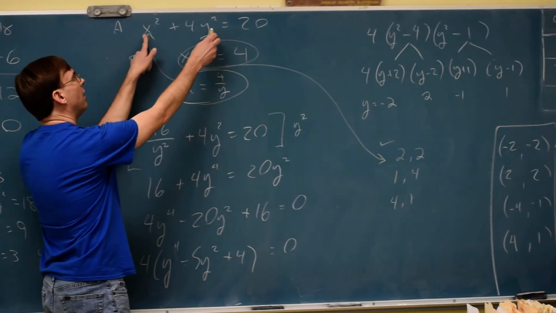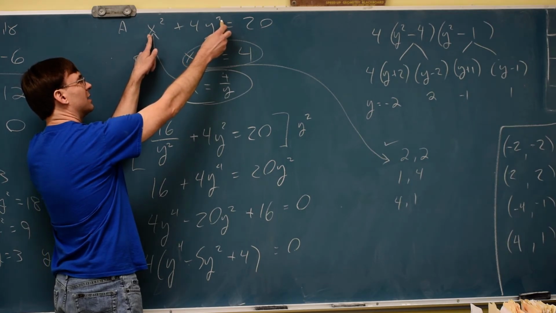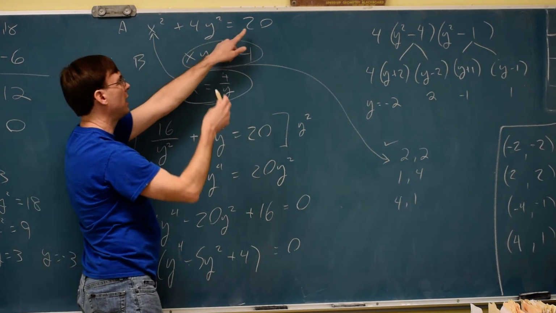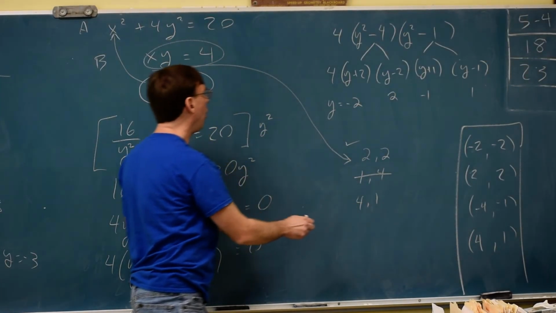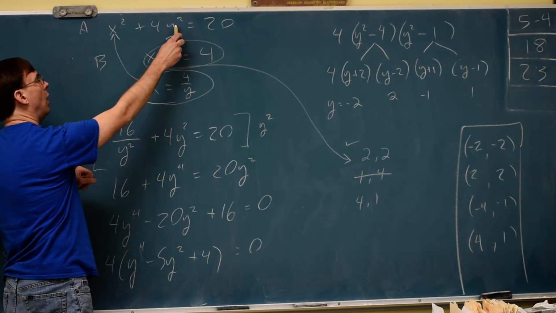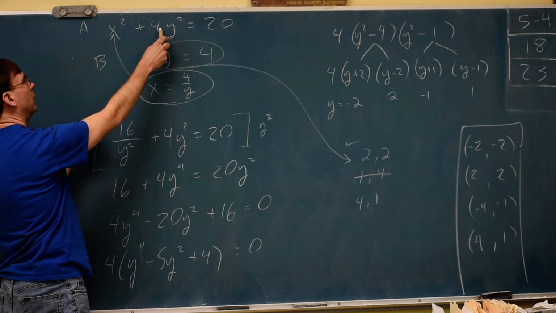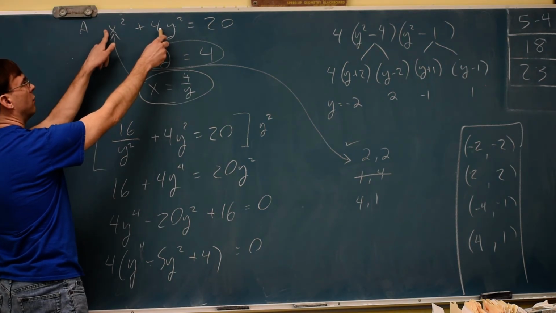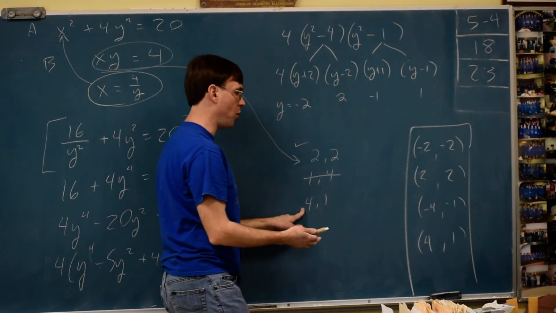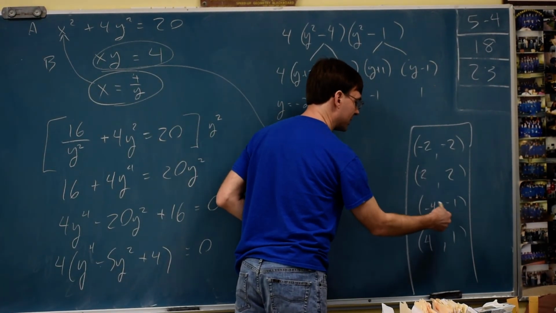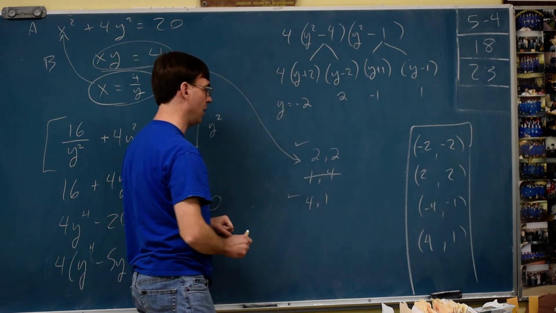If I try 1, 4, 4 squared is 16, times 4 is already way more than 20, that's a disaster. 4, 1, 1 squared is 1, times 4 is 4. 4 going here, 4 squared is 16, 16 and 4 is 20. So 4, 1 partnerships work. As long as you keep the signs the same, that's also going to be a winner.